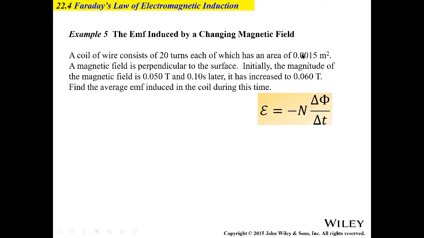I guess when I put up this kind of question on Blackboard, I had better not write it as 0.0015. I will have to tell you it is 15 centimeters squared, and then you work it out as 0.0015.